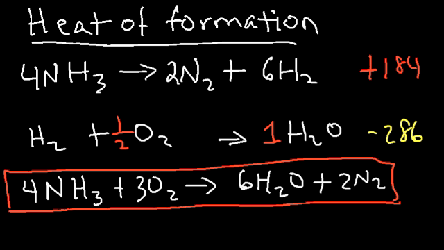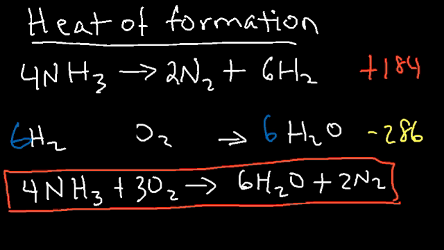Now, for the next reaction, water is on the appropriate side, so we don't have to reverse it. However, we do have to multiply it by 6. So let's get rid of this number, and let's put a 6 in front of it. And we're going to put a 6 in front of H2. 1/2 times 6 is basically 3.